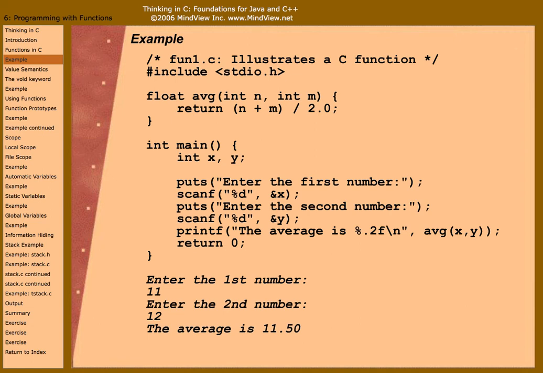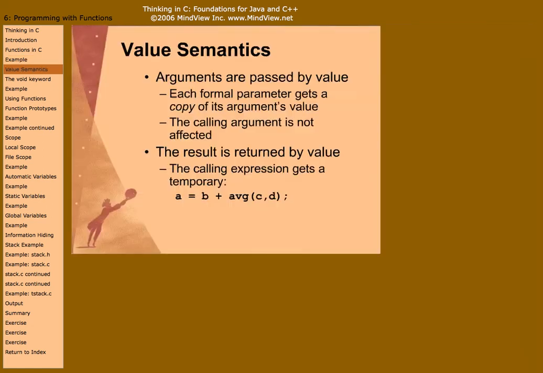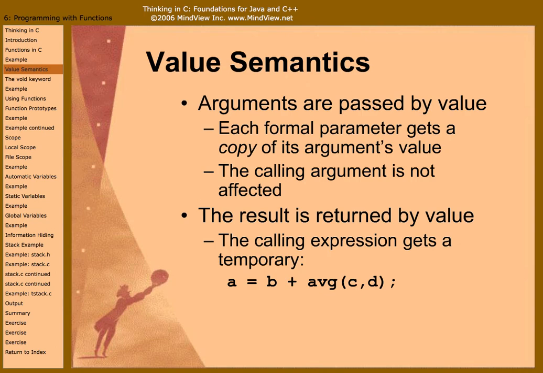The point is that when the program sees avg down in that printf statement, it needs to know what kind of thing avg is, because it will enforce that you're calling it correctly. Functions in C have value semantics. Another way of saying that is that arguments are passed by value to a function.